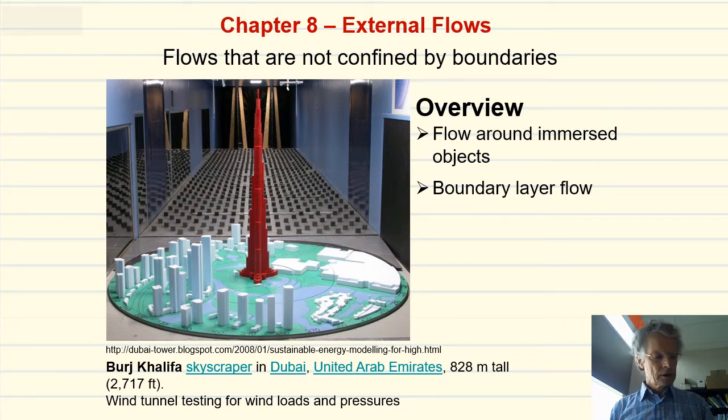The image you're seeing on the screen is an external flow, or it's the model study of an external flow around the world's tallest building, the Burj Khalifa, which is a skyscraper in Dubai. It's 828 meters tall, and it's in a wind tunnel, set up on a turntable.